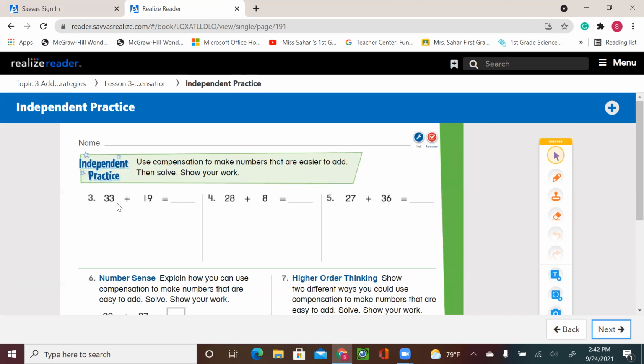So 33, I'm going to have 2 10 frames, so 10, 20, and 3 over here. And then I'm going to fill the 3 frames. So I'm going to use from the other side and add the 10s and then add the 1s. If you need extra space, you can use a blank sheet of paper to draw your 10 frames and practice this problem.